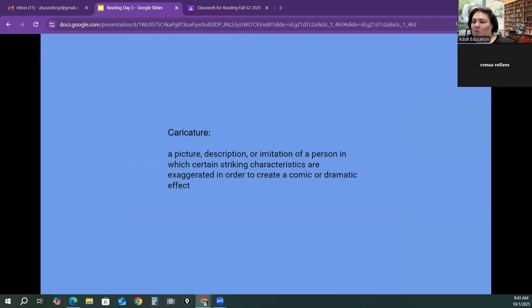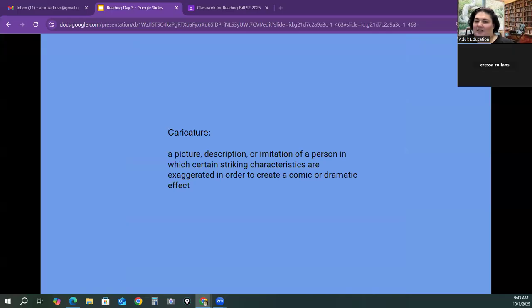Also, in your homework, you'll see this word caricature. A caricature is just a picture, a description, or an imitation of a person in which certain striking characteristics are exaggerated in order to create comic or dramatic effect.